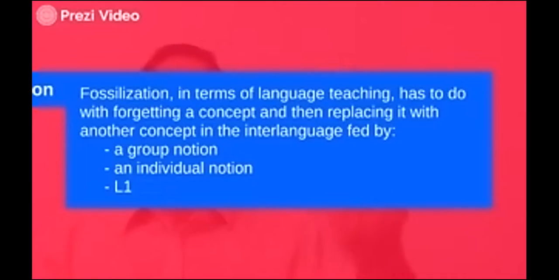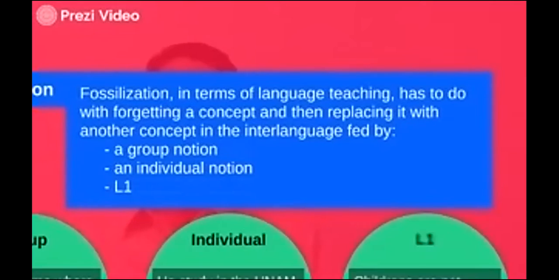So maybe I studied something, but then when it comes time to use it later, it is replaced by something different that is said by a group notion, an individual notion, or L1. This means that I am not aware that I forgot. The student does not understand that the student forgot the information. The student replaces the information with something different.